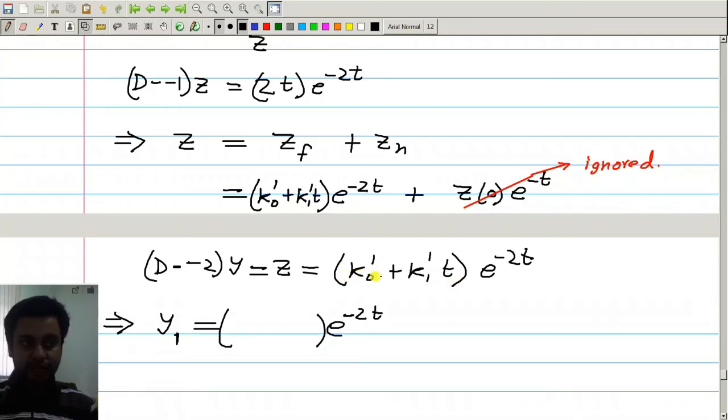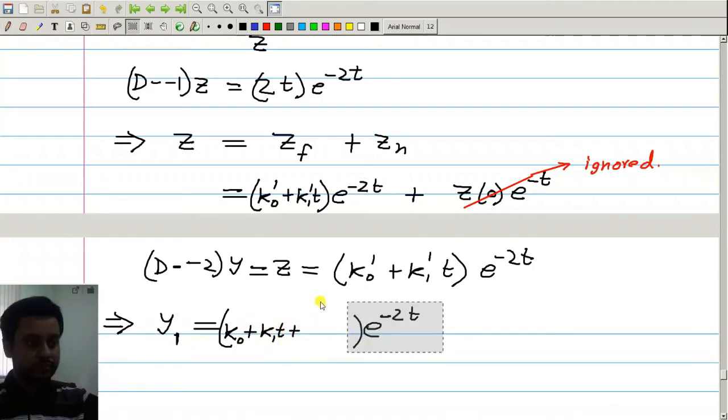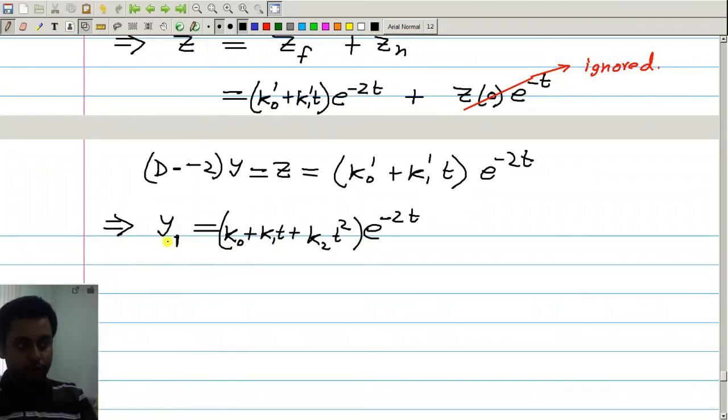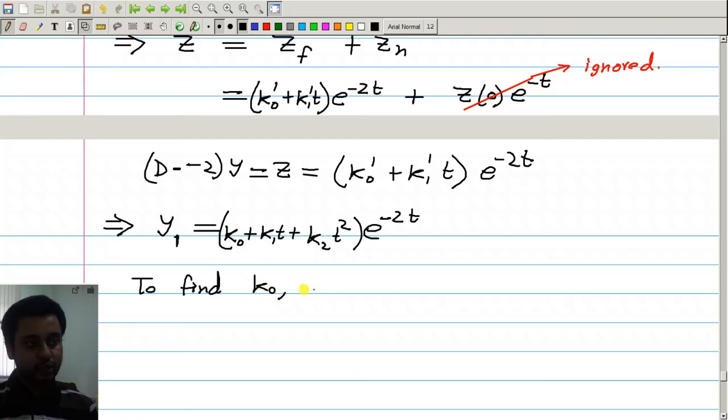This is a first degree polynomial, so here we will have a second degree polynomial, k0 plus k1t plus k2t square. This is the form of one solution. Now we have to find these values of k0, k1, k2 using back calculation.